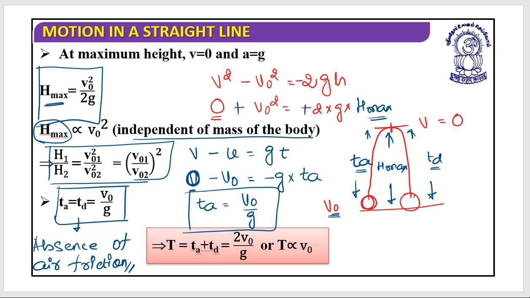So now I know the time of ascent, and now I know the time of descent. So I define one term that we call time of flight. What is it? It is the total time taken by an object to complete its journey.